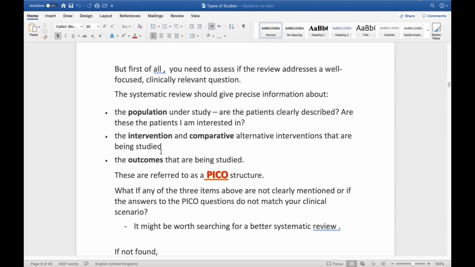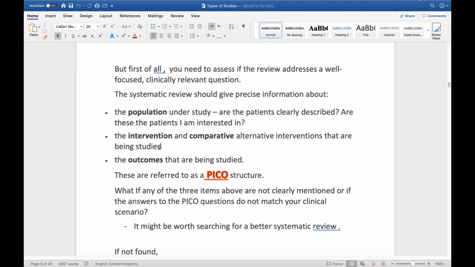Okay, so you have to decide which population. Is it women in menopause, for example? So you have to be clear. Not all studies are done in women in menopause. So just women below 18, women between 18 and 25. You will never know.